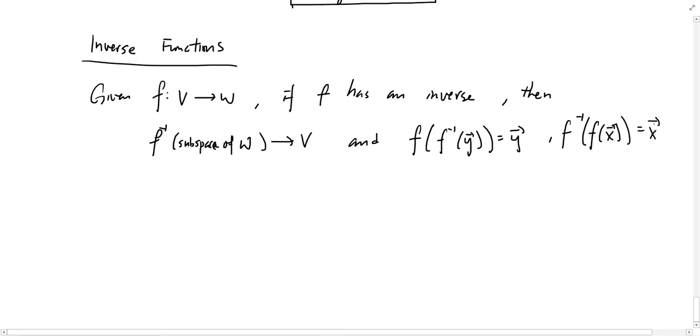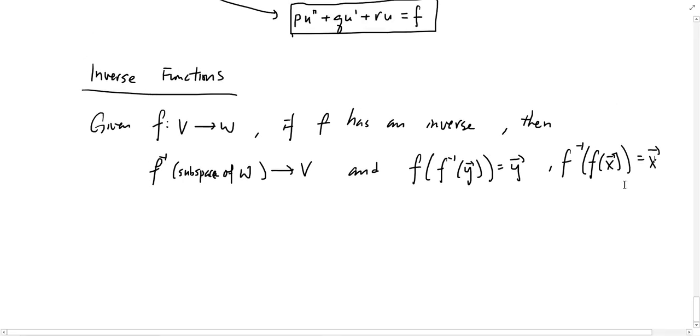Is that any different from what you have learned before? Well, no. You learned inverse functions back in probably algebra 2. The only difference here is that we could have a vector y and a vector x being different. When you learned it back in algebra 2, the statement was f of f inverse of x equals f inverse of f of x.